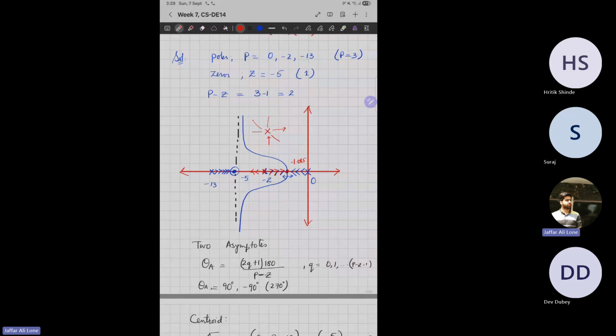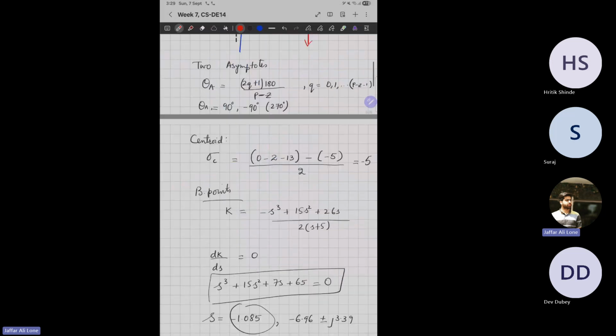So how this pole departs and converges to either infinity or some open loop zero is given by the angle of departure. Similarly, when we have a complex zero, there are n ways in which an open loop pole arrives at that zero, and how that arrives is given by the angle of arrival, right?